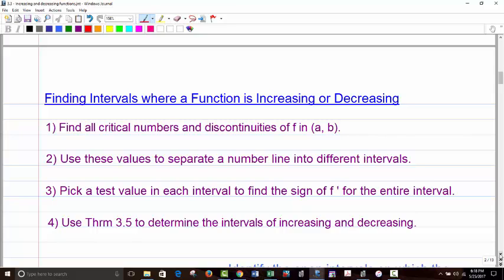There are two things that affect the flow of the graph and change it from increasing to decreasing: those are the critical numbers and discontinuity. So for any function we have to find all critical numbers and discontinuities, and then put them on our graph. We're looking for any combinations of critical numbers.